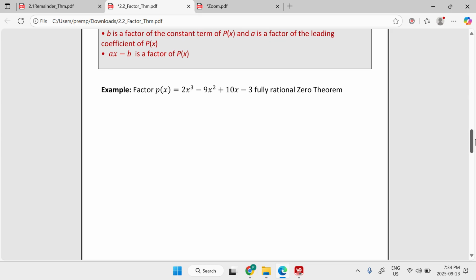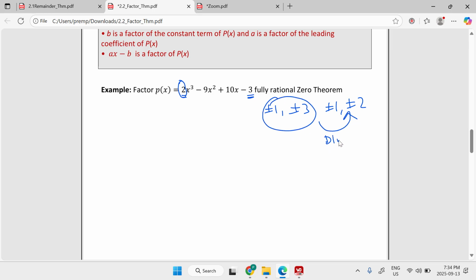Okay, in this case now, the leading coefficient is not 1. So in that case, what factors you should try: from the integer, this value, that means plus and minus 1, plus and minus 3, and then you should try from the leading coefficient only, that means plus and minus 1, plus and minus 2. Then we have to try one more, but it says that these are divided by this.